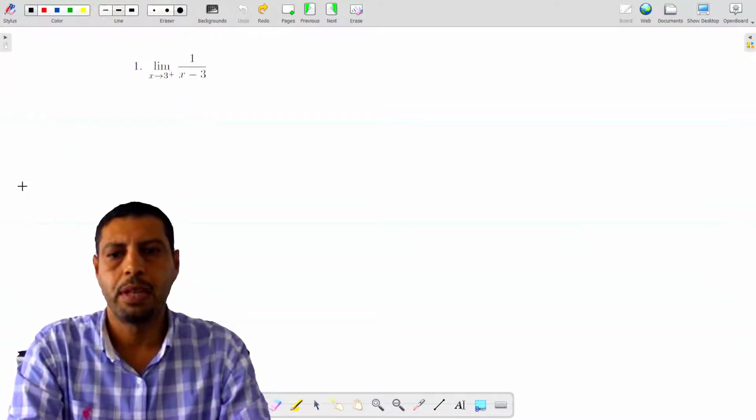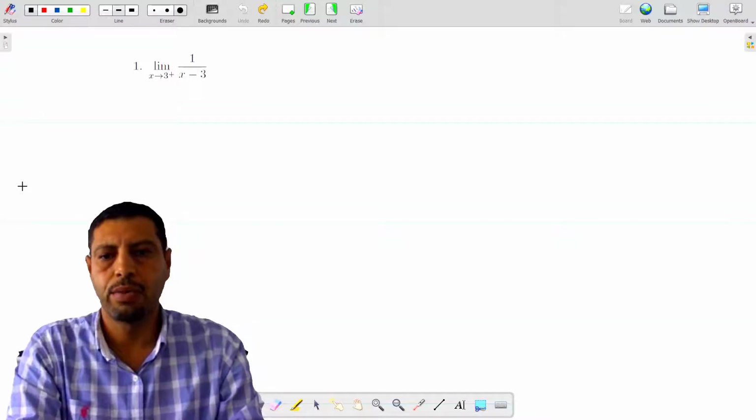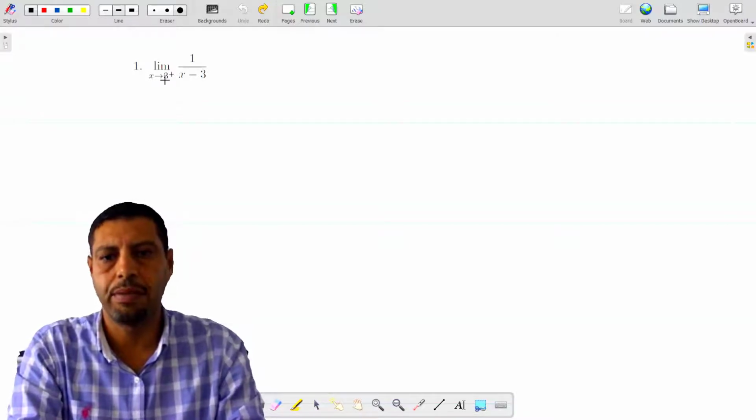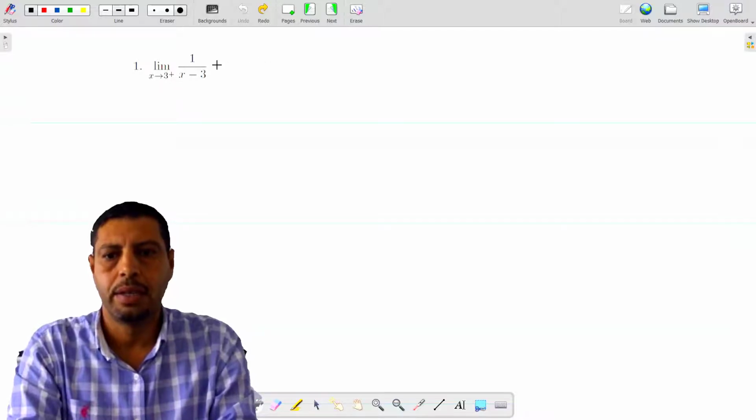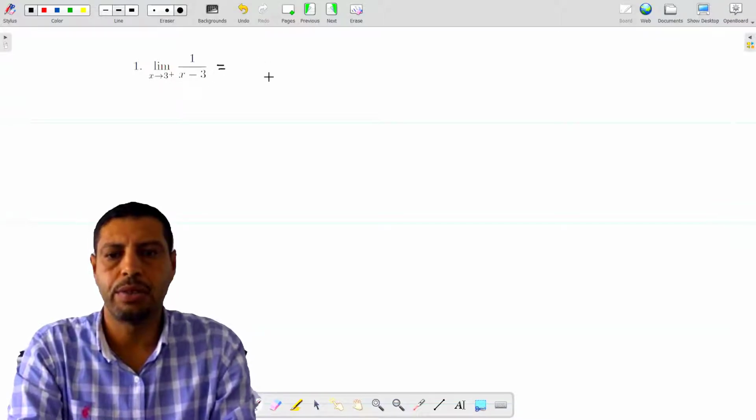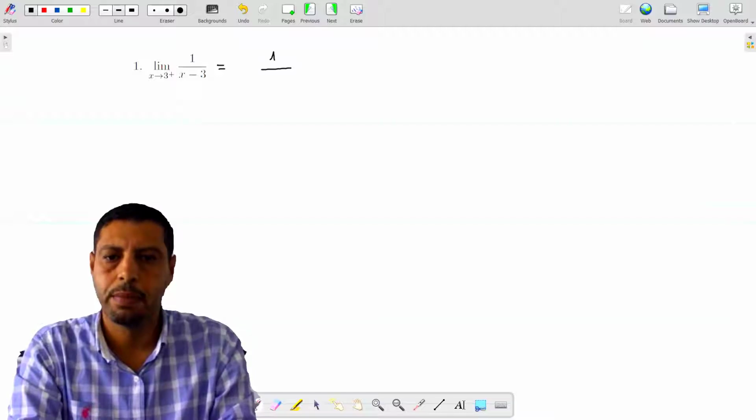So here we're going to compute the limit of some functions. We're going to start with the first one, which is the limit to the right of 3 of 1 over x minus 3, because x approaches 3 plus, so x will approach 3 from the right. So we're going to use limits notation to get this limit, so it's equal to 1 over, since x is approaching 3 plus, we're going to write 3 plus minus 3.